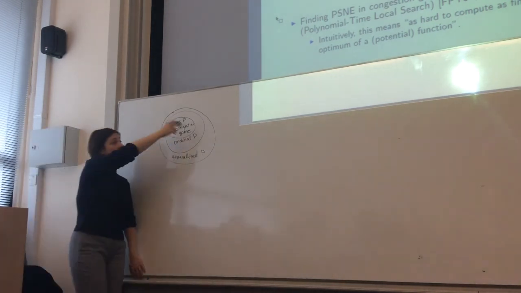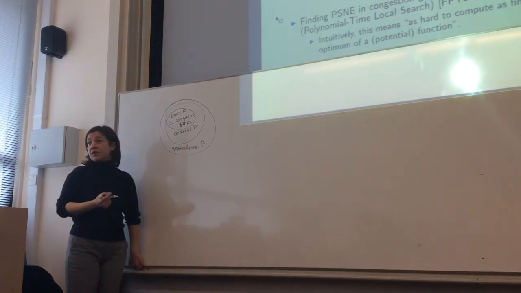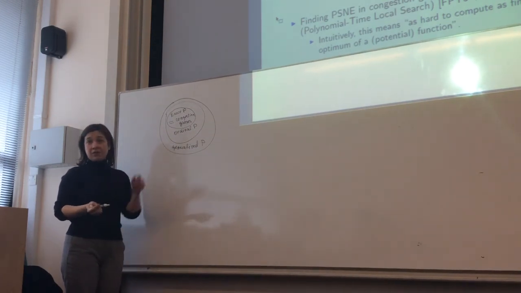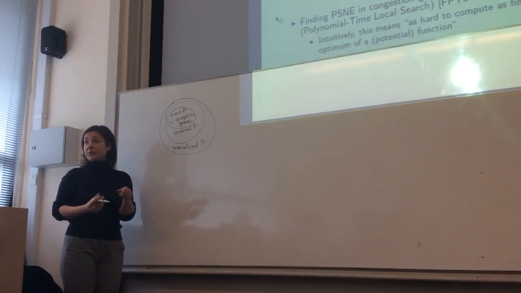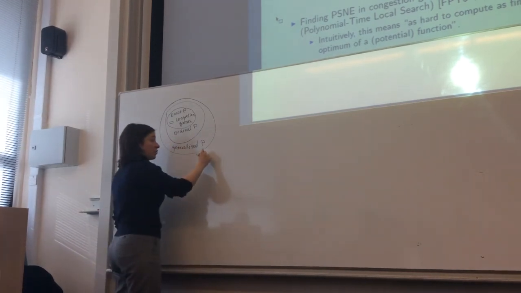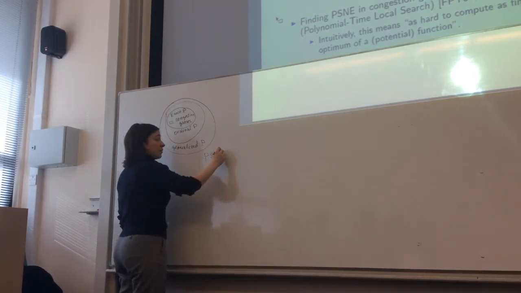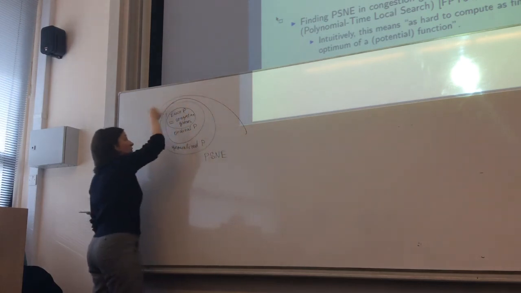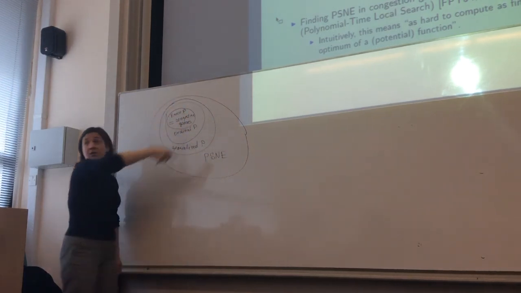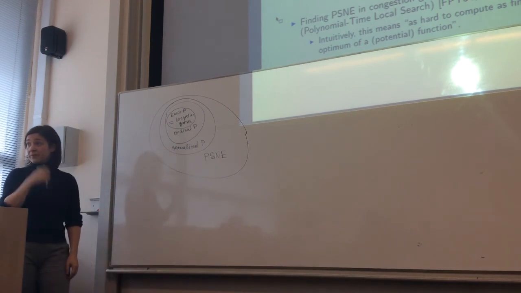Then we said that all those games do possess a pure Nash equilibrium. But there are also other games that do have a pure Nash equilibrium but do not have these functions. So the set of games where there is a pure Nash equilibrium is actually larger than this set, but it does contain all those games.